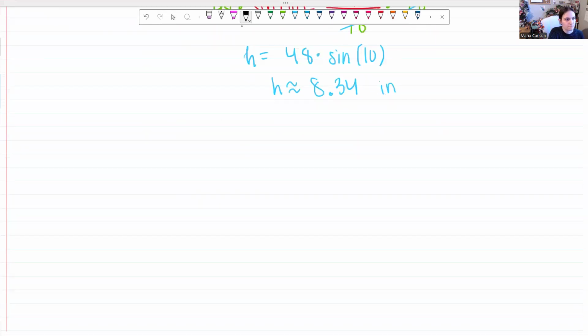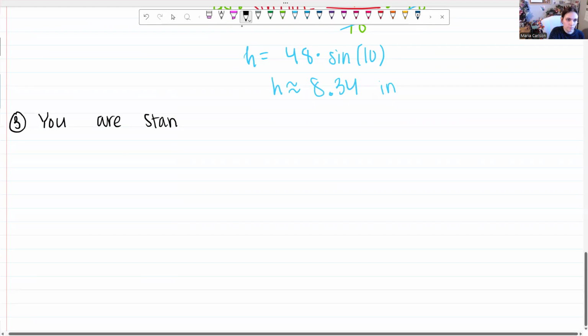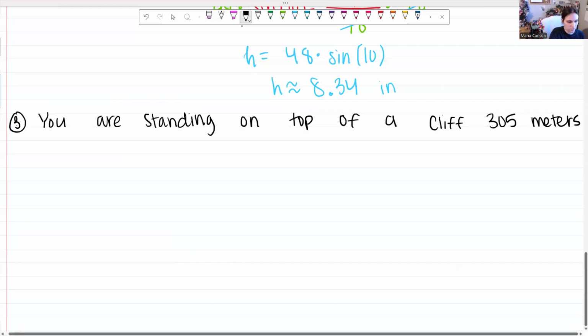Number 3. You are standing on top of a cliff, 305 meters above a lake.